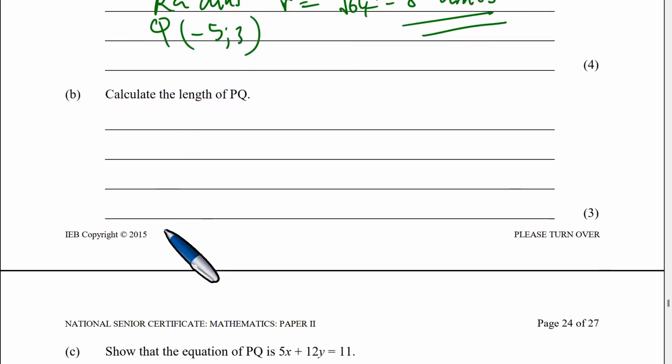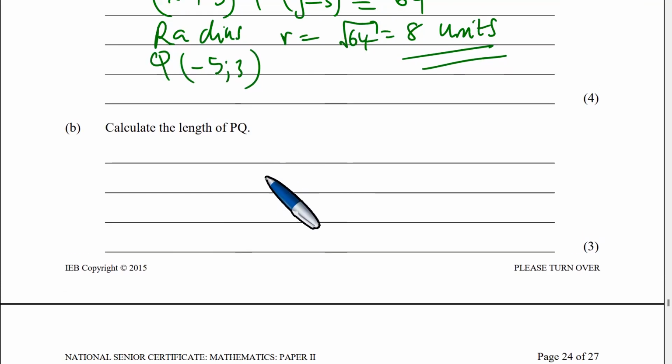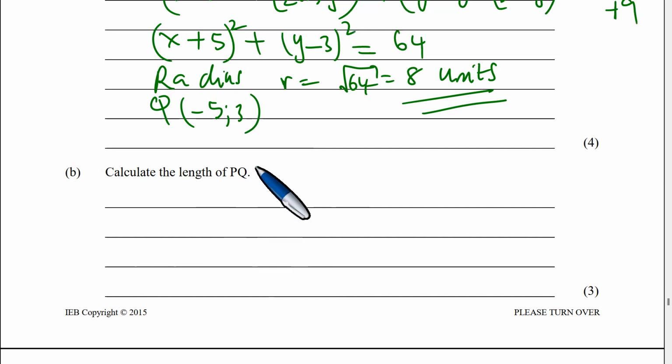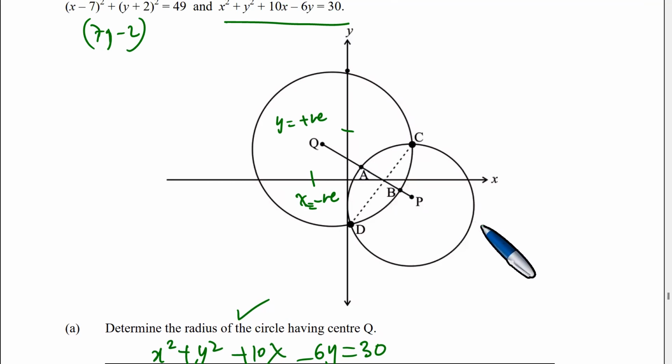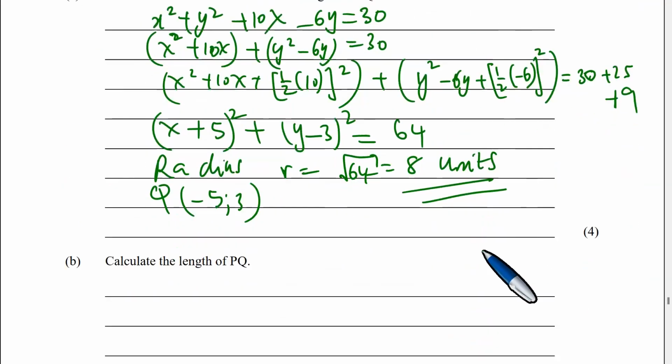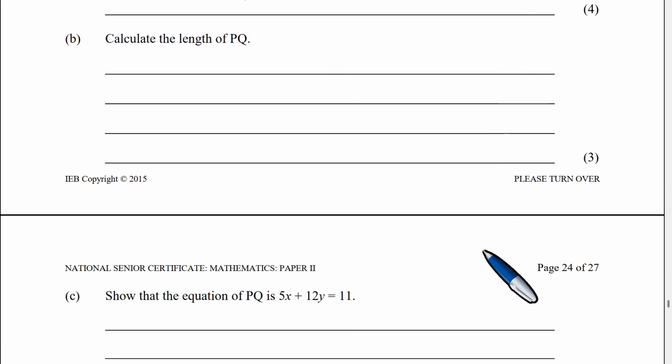All right, calculate the length of PQ. Right, so we can find easily the length of PQ given some 3 marks. To find the length of PQ, Q is this one.